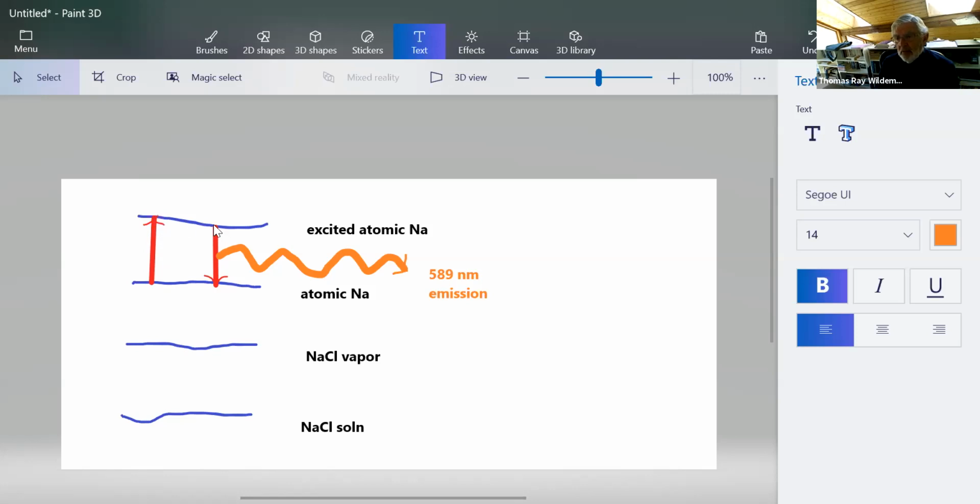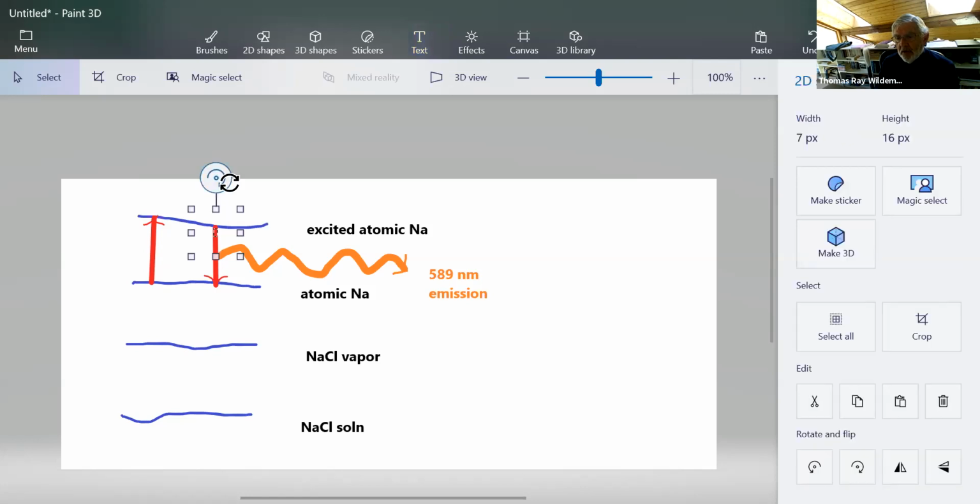Then they will return to the ground state right here, and upon going to the ground state, they will have this 589 nanometer emission line that you see here.